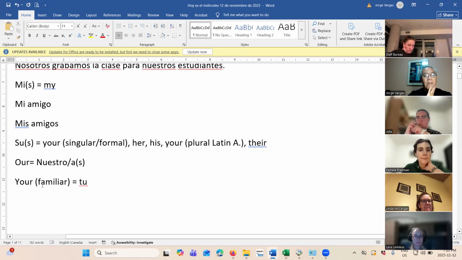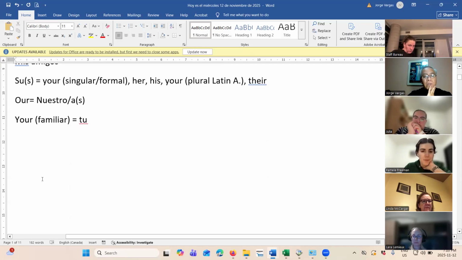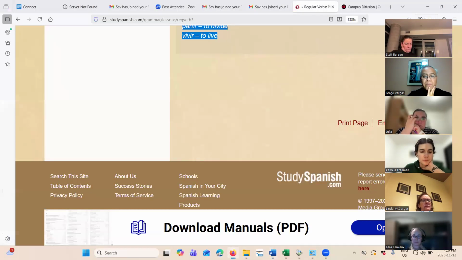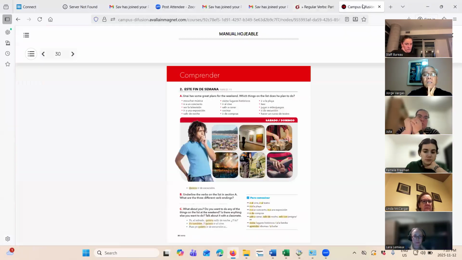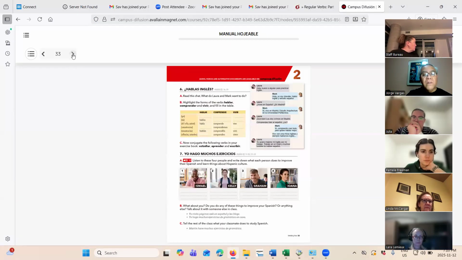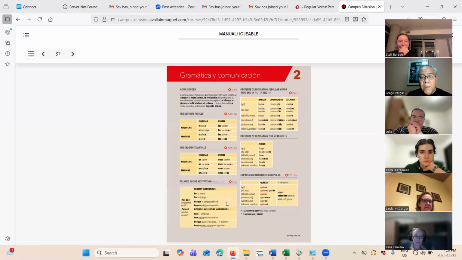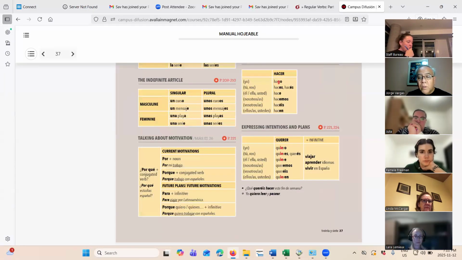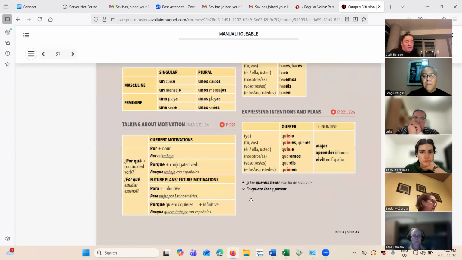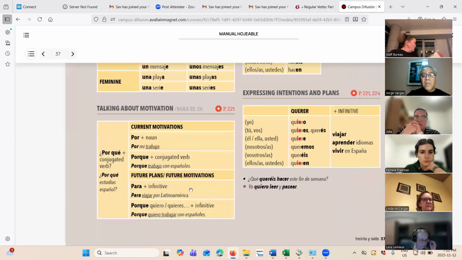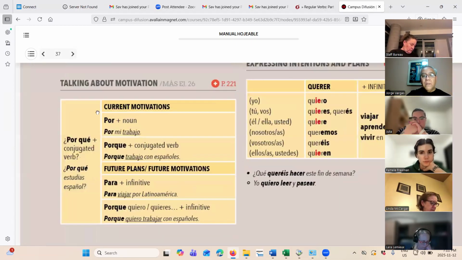And you know what we'll do, Pamela? As part of when we analyze this chapter, chapter number 2, when we go to the structural components of this lesson, and when we go to this page right here, página número 37, en la página 37, there's part of what you are asking. You see, we're talking about the motivation section here.